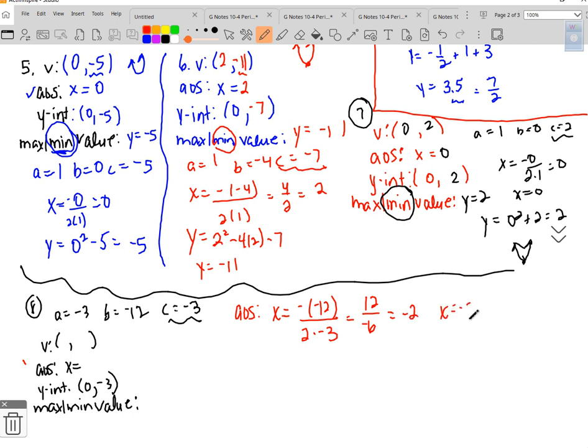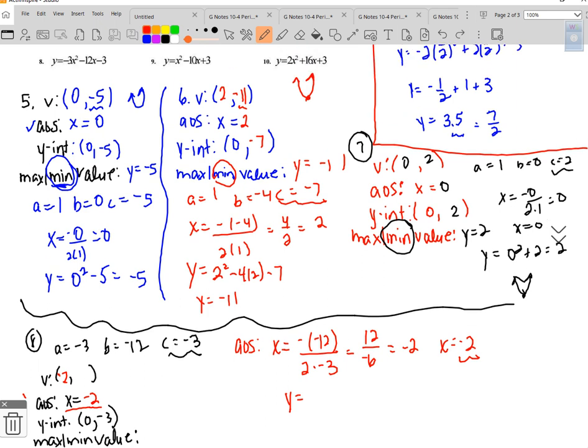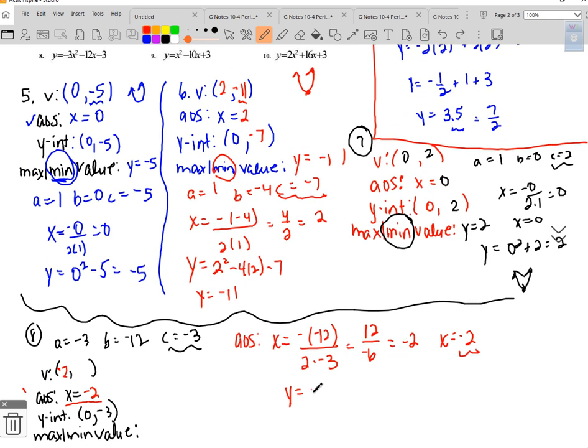So axis of symmetry is x equals negative 2. Remember, that is our x-coordinate of our vertex. So to find our y, we plug our negative 2 into the original equation, which I can't see anymore. So that was negative 3x squared minus 12x minus 3.